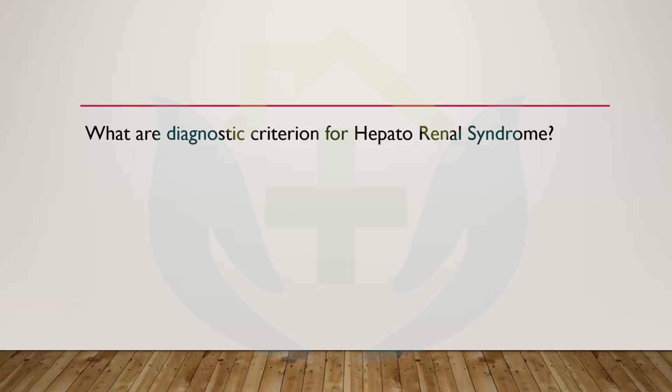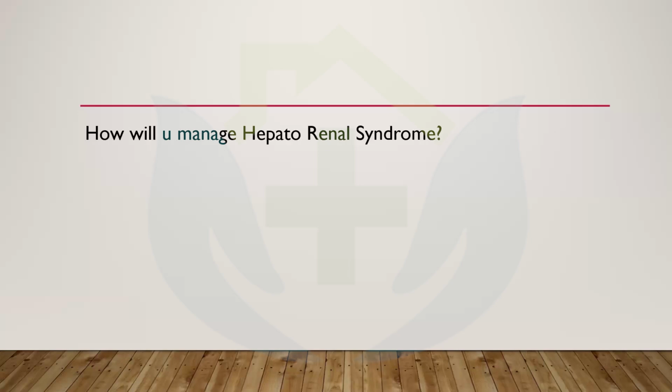Okay, okay. So, how will you manage a hepatorenal syndrome? Hepatorenal syndrome, we need something to cause a splanchnic vasoconstriction. We can use norepinephrine and correct hypovolemia with albumin.